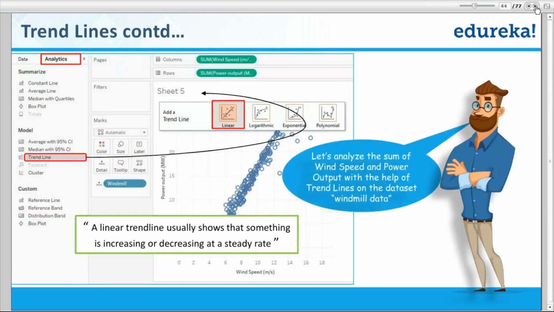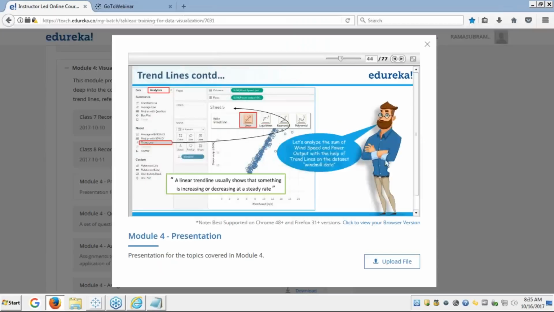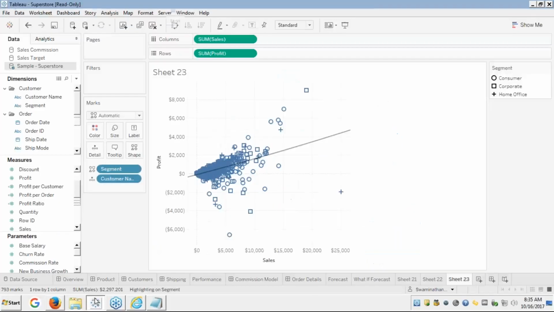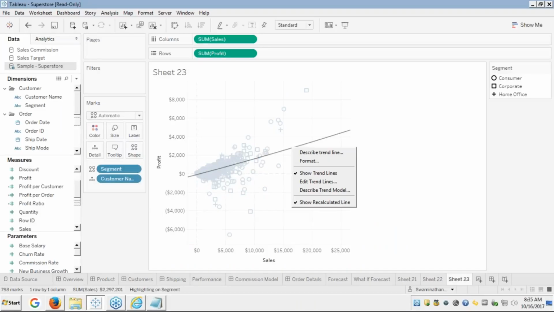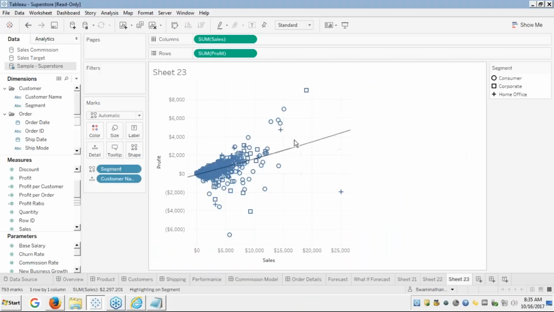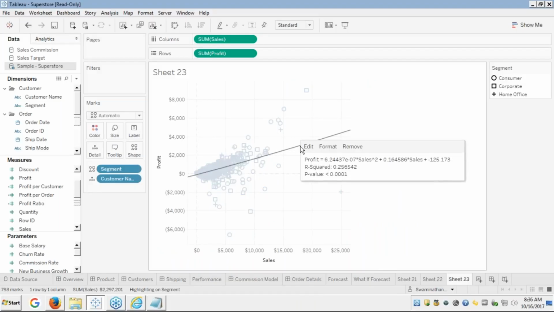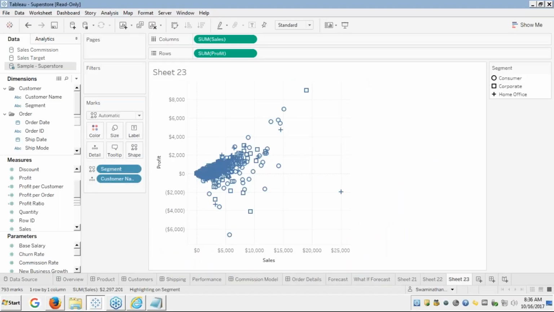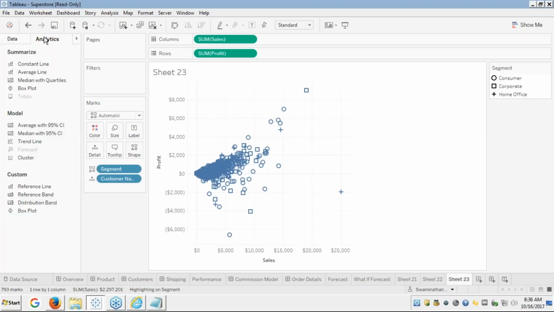Okay. Now moving on to the trend line, you can just add a trend line from this analytics tab also. For the same data, I am removing this trend line for now. I'll show you how to add it from the analytics tab.